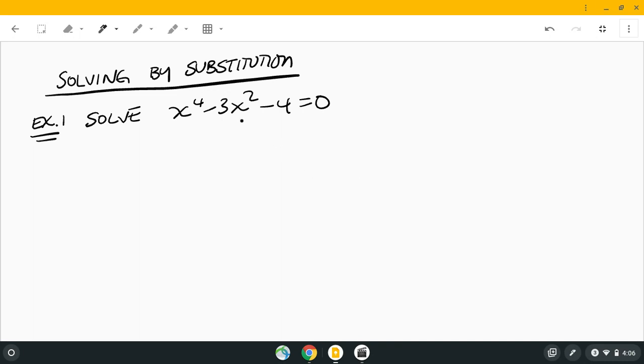And so what we normally do is we let u equal this here, x squared, or whatever it is. Maybe it's an x cubed, or maybe it's an x to the 1/2, whatever it is. So we're going to let u equal x squared. Then if I square both of these, I'll get this, right?